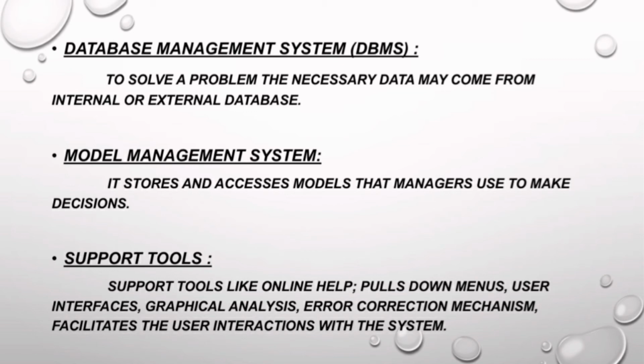The next one is model management system, in which the managers make decisions by storing and accessing the models. The last one is support tools. Support tools like online help scripts, pull down menus, user interfaces, graphical analysis, error correction and mechanisms facilitate the user interaction with the system.